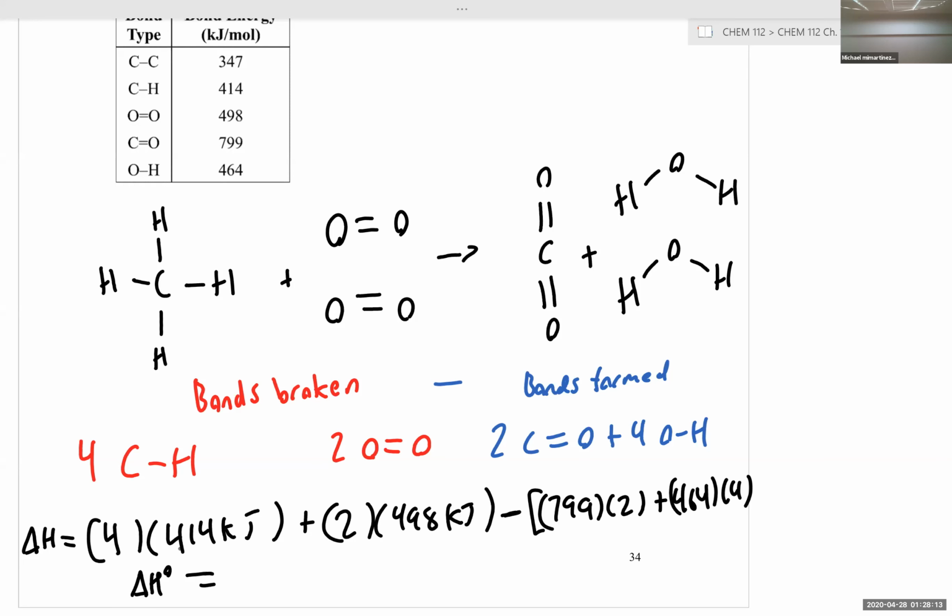And if someone has a calculator handy, I know for organic you often don't have the calculator right in front of you, but we still want to calculate this just to show how this works, because it's a wonderful way of estimating reaction enthalpy.